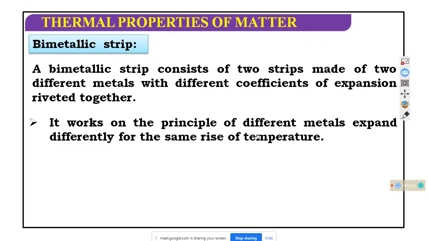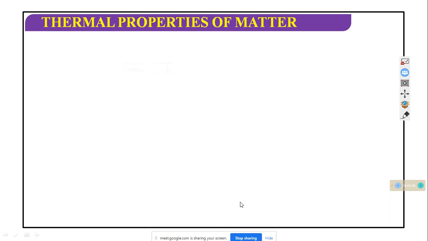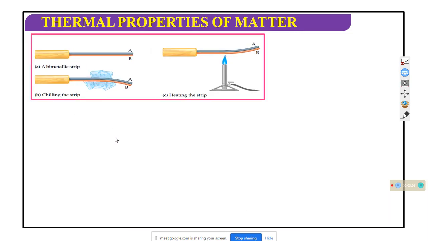This works on the principle that different metals expand differently for the same range of temperature. Okay, like this is brass and this is iron. Next one, bimetallic strips.